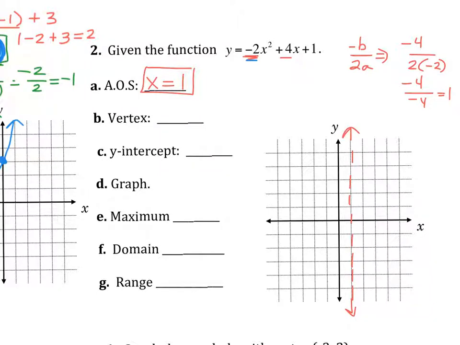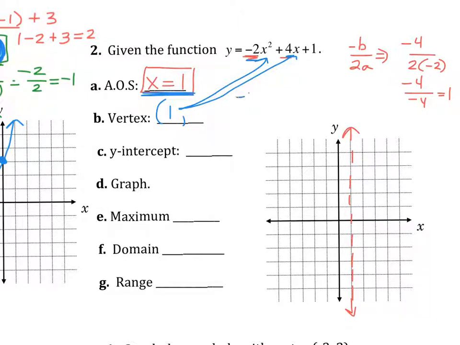Okay? How do you find your vertex? Plug it back in. What is x? What's your x of your vertex? It's 1, right? Whatever your axis of symmetry is, that's your x value. Okay, we're going to take that 1 and plug it in for x.